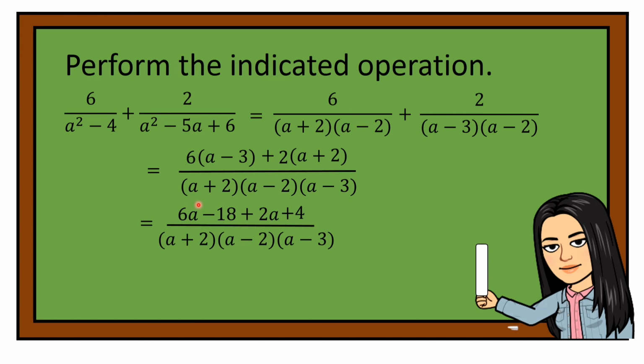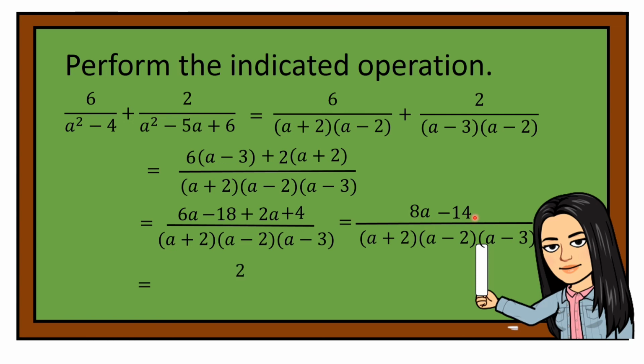So 6a plus 2a is equal to 8a. And then negative 18 plus 4, we have here negative 14 over the LCD a plus 2 times the quantity a minus 2 times the quantity a minus 3. And then, let us get the factor of the numerator. So let us factor this out using the greatest common monomial factor.